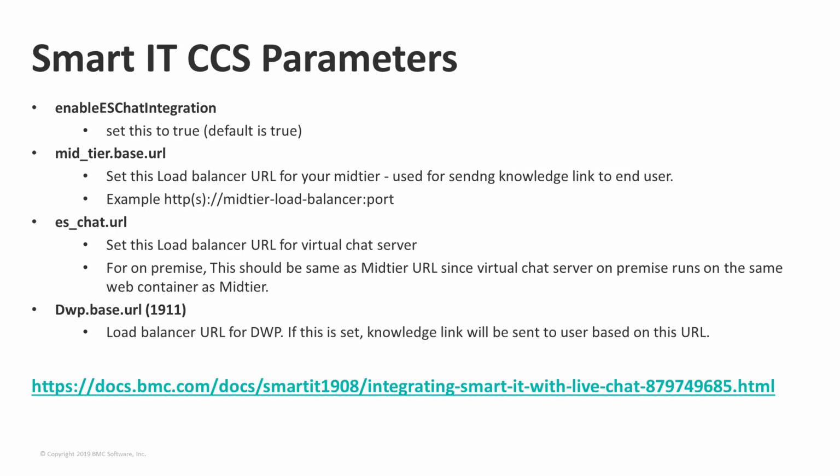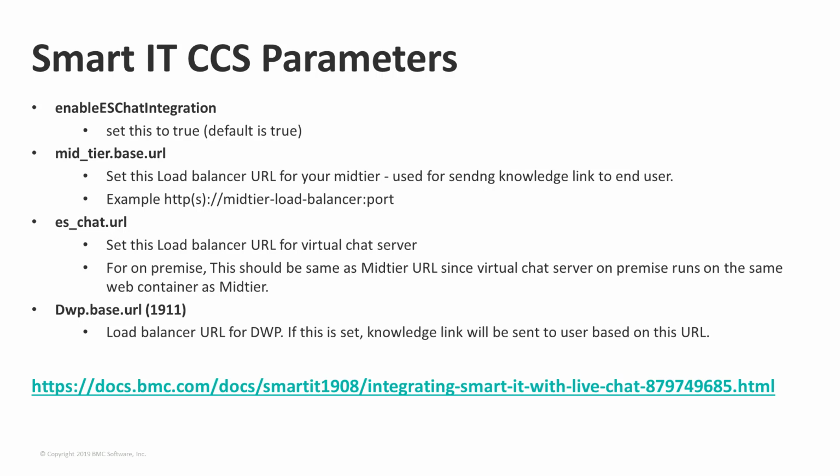The ES-chat URL is where your virtual chat server is running. For an on-prem customer, that happens to be the same URL as Midtier, so in the case of on-premise, both values will be the same, the Midtier base URL and the ES-chat URL, but we still have them separate because they are used for different purposes.